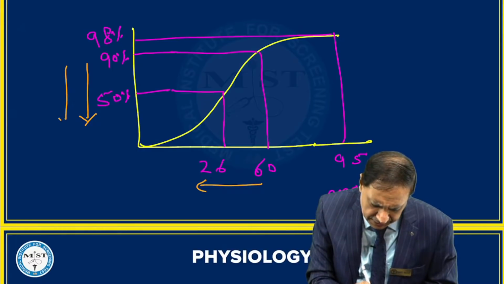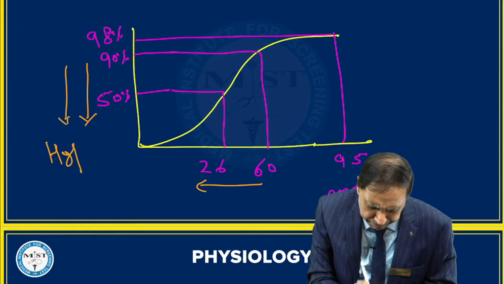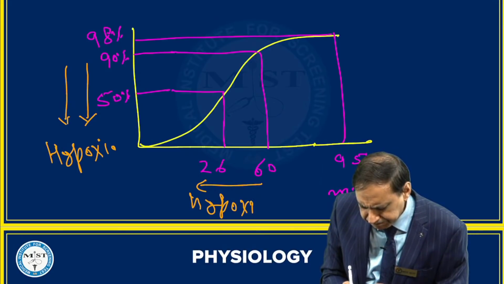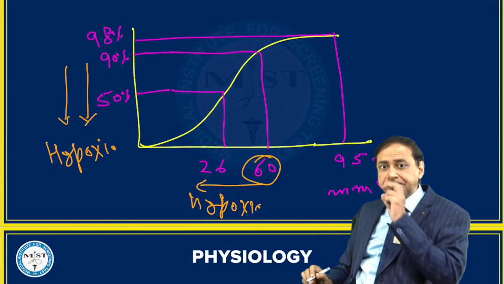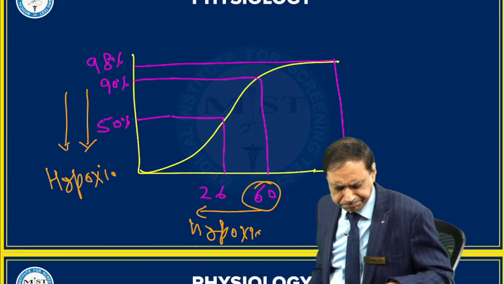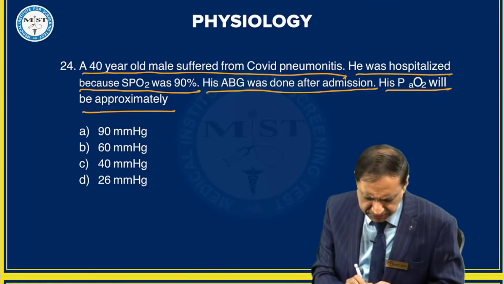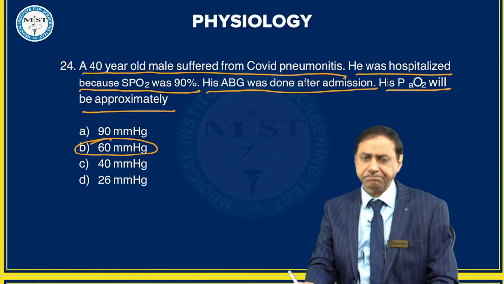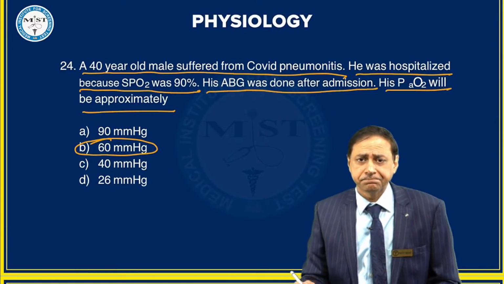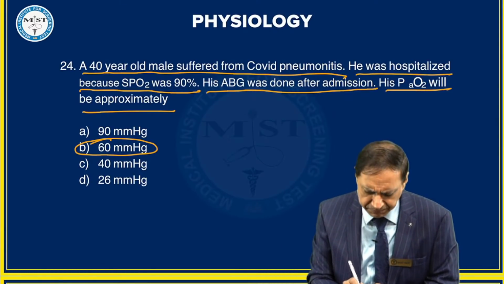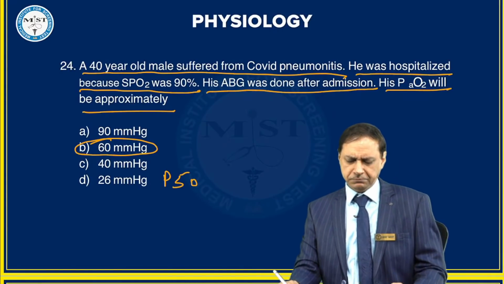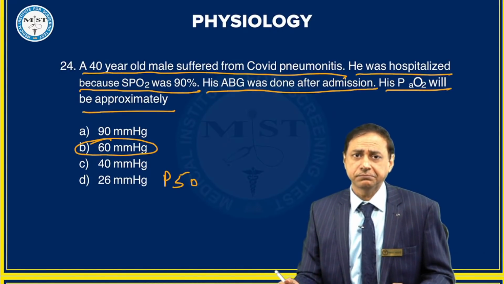So this is hypoxia by definition, and this is also hypoxia by definition, 60. So the answer here will be 60 millimeter of mercury. At 26 millimeter of mercury, it is P50.